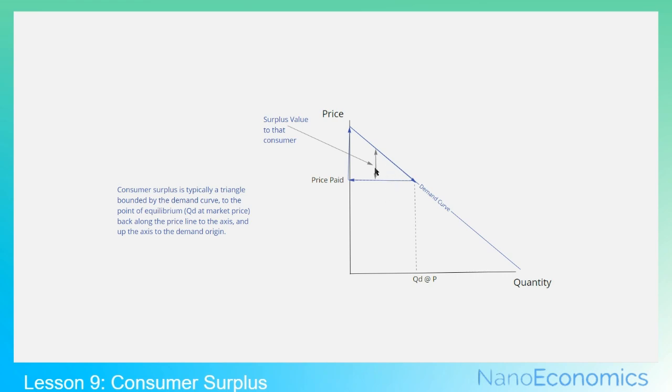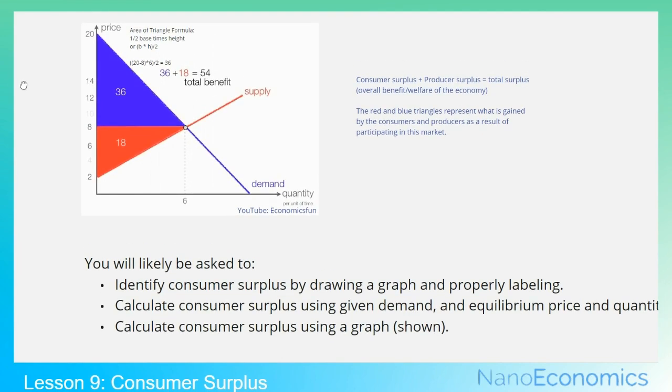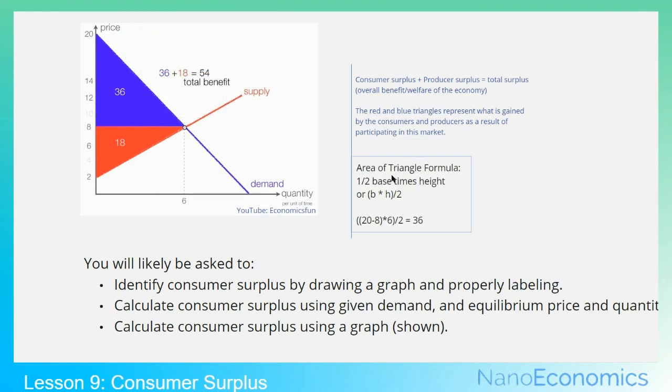And if we wanted to calculate it mathematically, we could do so with the area of a triangle formula. Looking specifically at that, the area of a triangle formula, which I've given up here, is 1/2 base times the height.